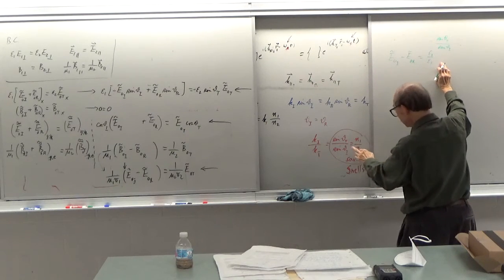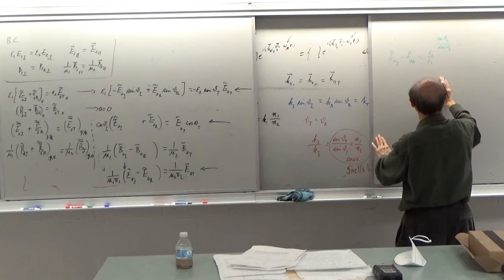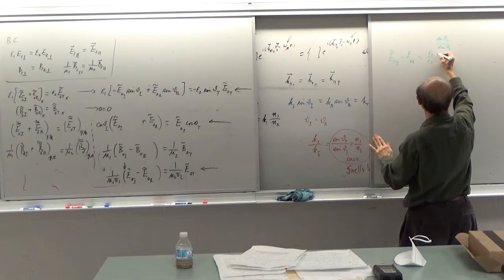Okay, so Snell's law is this, if this is n1 over n2. So n1 over n2.